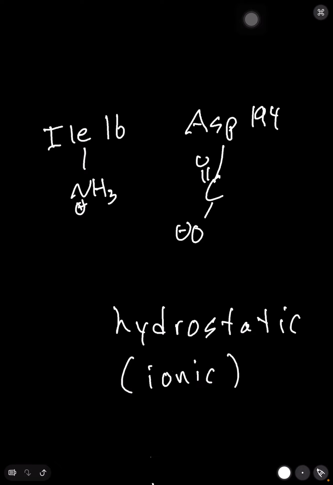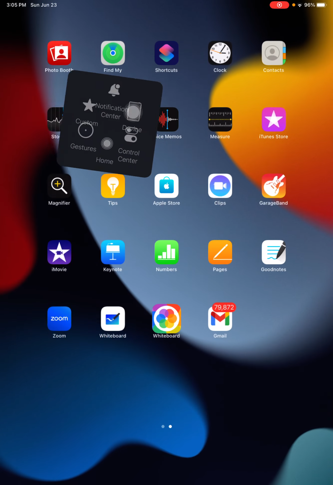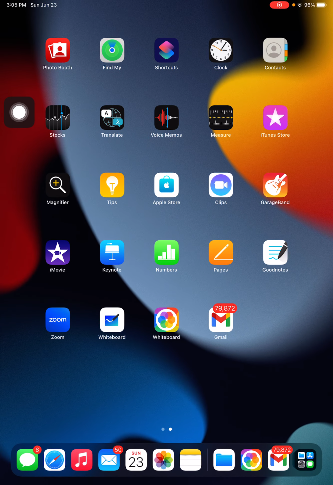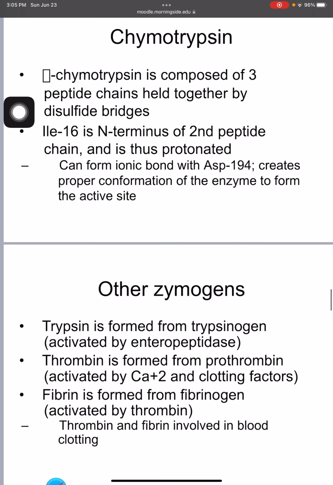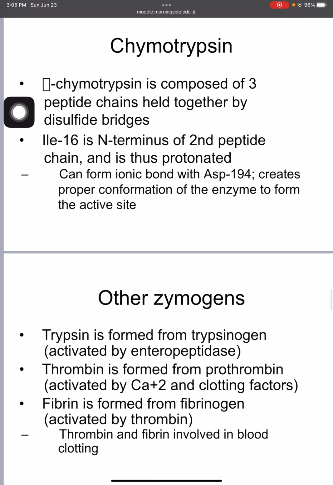So these are going to form an attraction. It basically forms a salt, sort of like Na plus and Cl minus, right? So this forms sort of a salt bridge, and basically this salt bridge between these two amino acids is key.